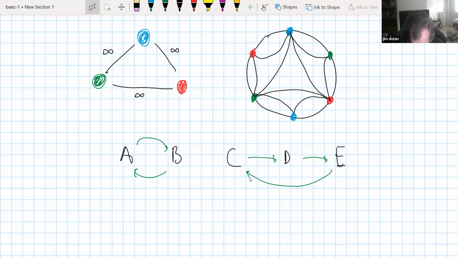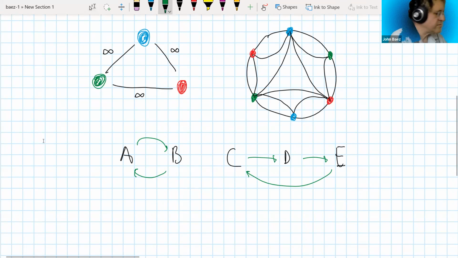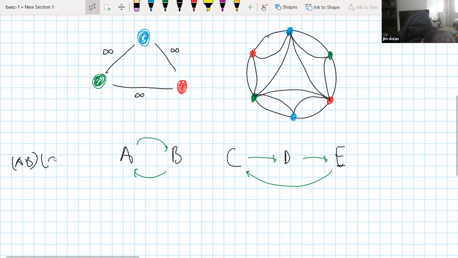So what does the red one do? It takes A to D. So maybe you're telling me that I could just write this in a more schematic way. I could just say something like A, B, C, D, E is one of them.